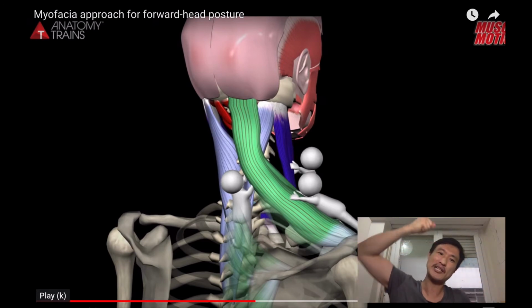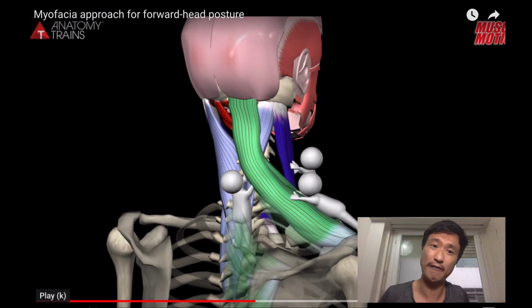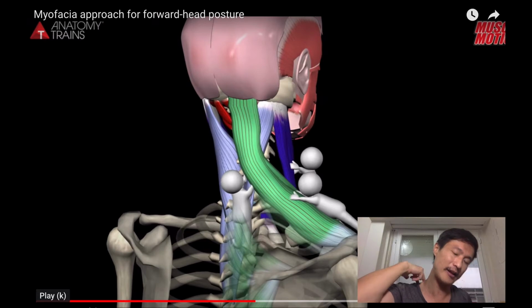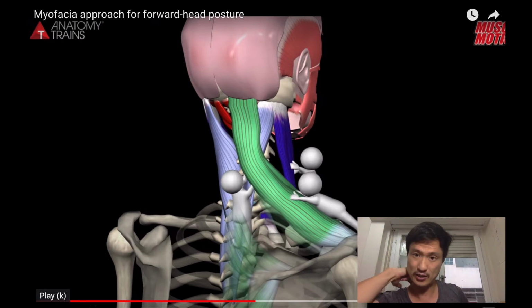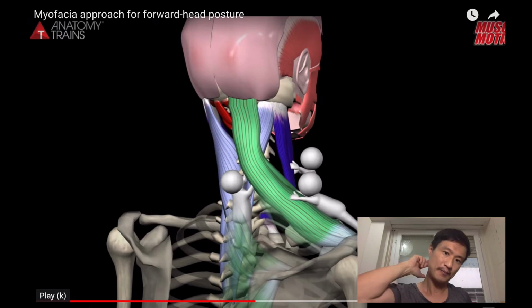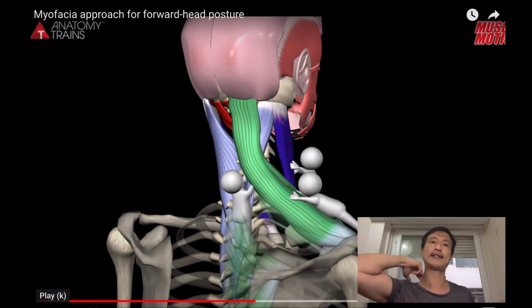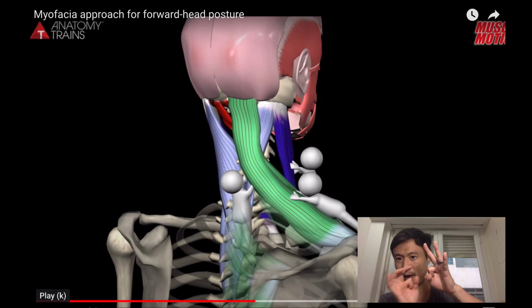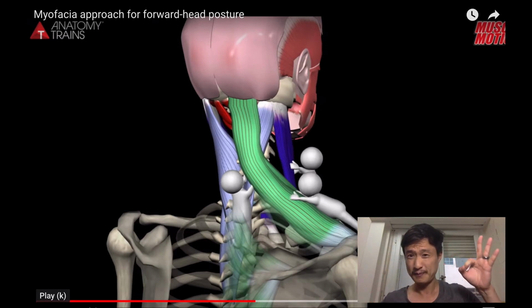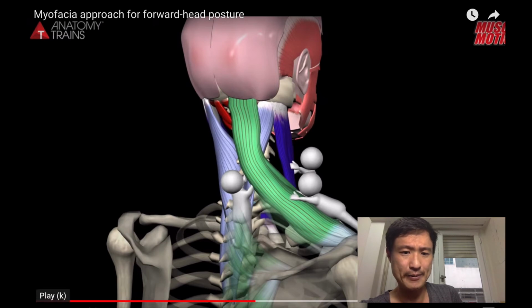You're stretching a muscle that's elongated, and it's not good for you. You can actually feel these little micro knots. They're little balls of scar tissue, and this is the fifth step.